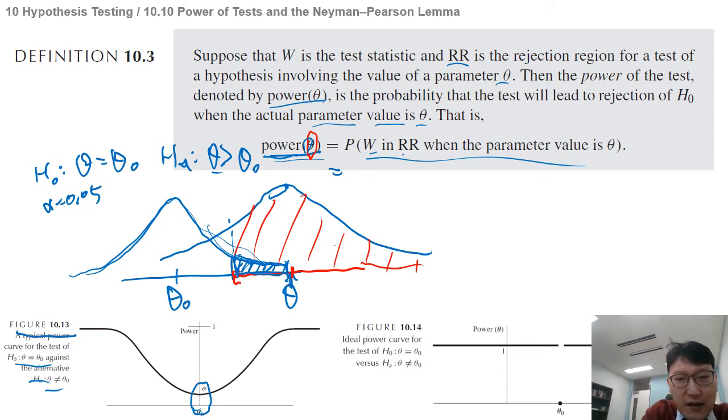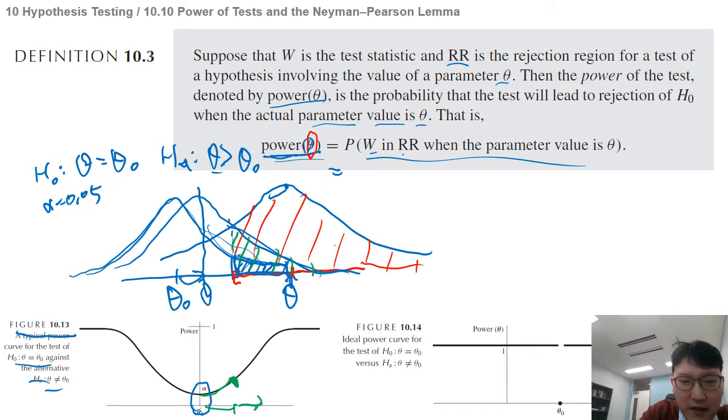And let's move our theta a bit more. If the true theta is here, then the true distribution would be this one, and the power would be this area. So it would be a bit bigger. As we move our theta to this side, the power goes higher and higher.